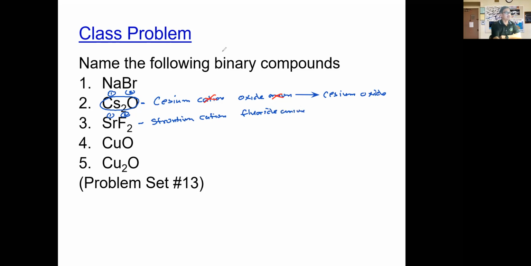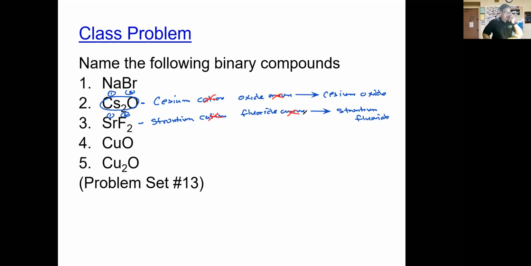Hopefully you also see here we do not need to make use of the stock system, because strontium is a 2A metal. It's a representative metal, so we do not need the Roman numeral. Let's write down whatever's left over: strontium fluoride. Okay, and that is after we drop the words cation and anion.